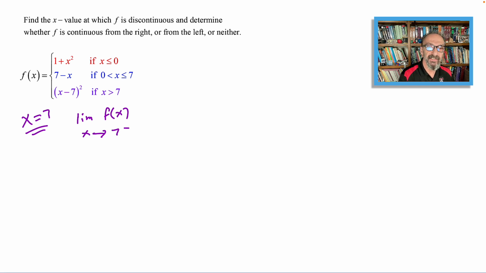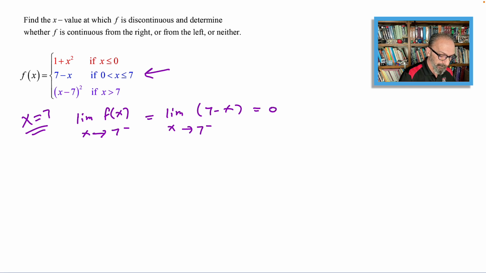That's when x is less than or equal to 7, which is right here, the second line, equals limit of 7 minus x as x approaches 7 from the left, which is 7 minus 7, and that's 0. When you approach it from the right, you will be greater than 7, and that's the third line.